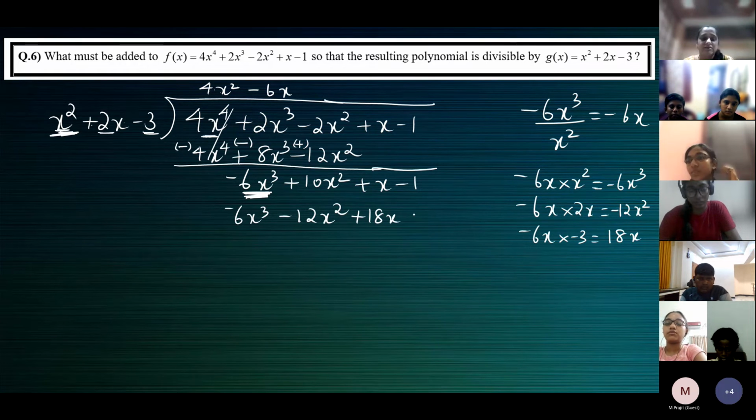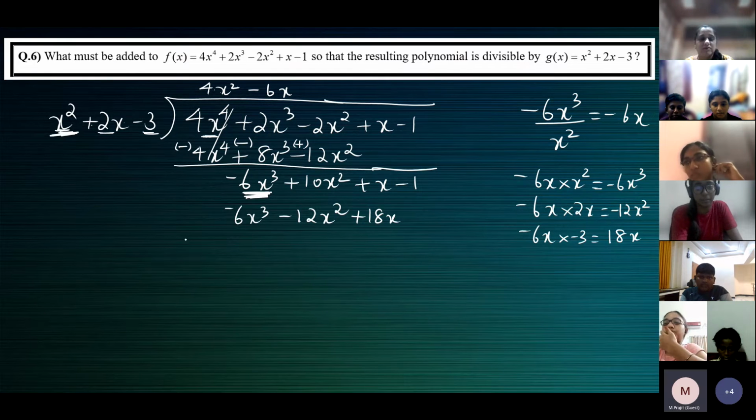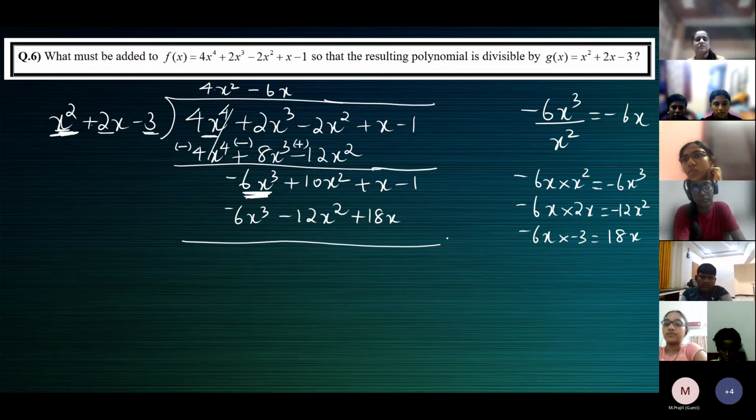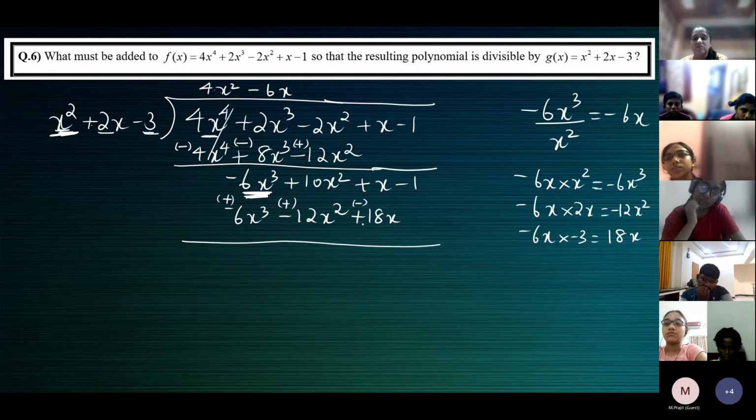That's it. Correct? Right, children? Okay, what do we do next? Change the signs. Minus becomes plus, plus becomes minus. Take the changed signs, the new signs. Forget the old ones.